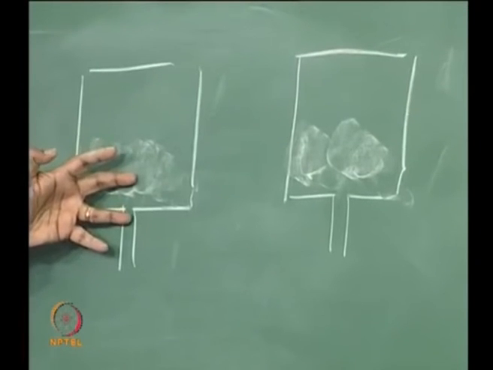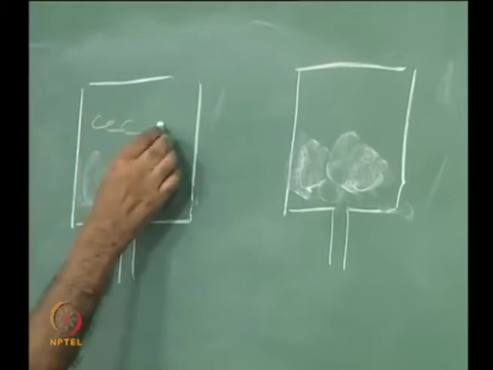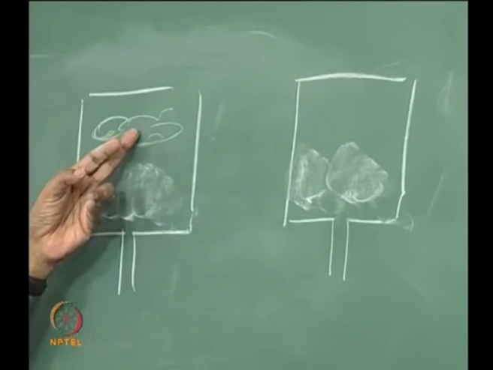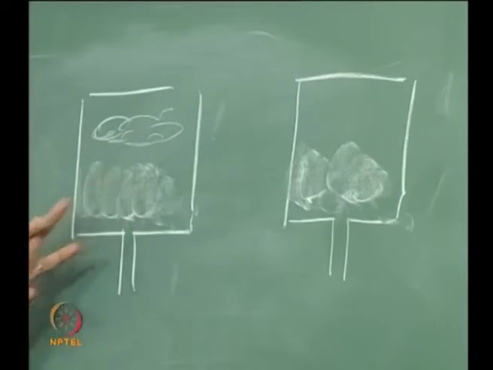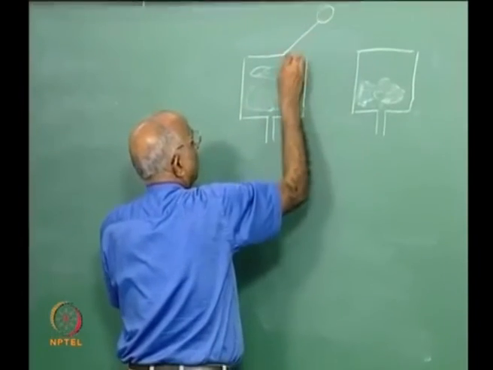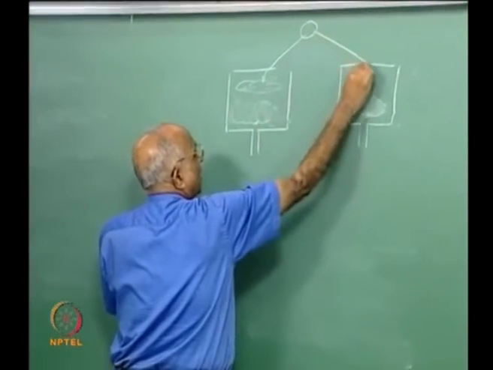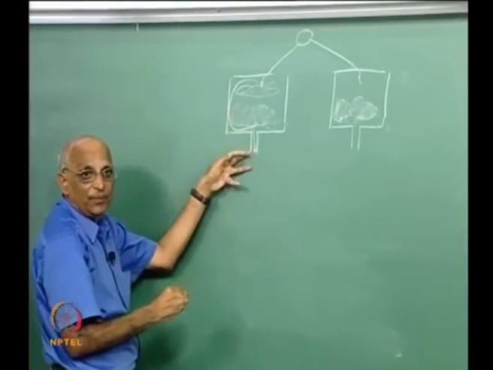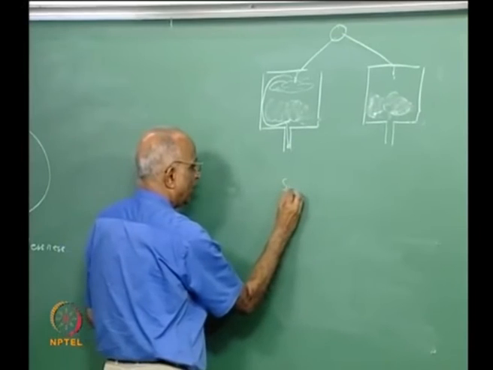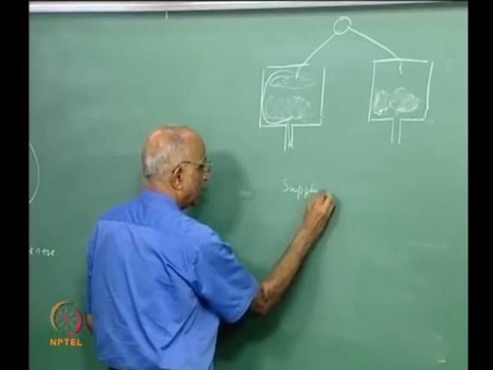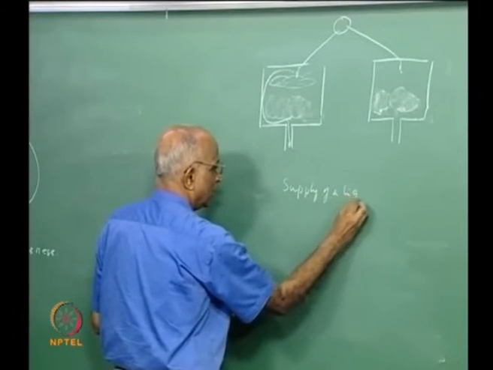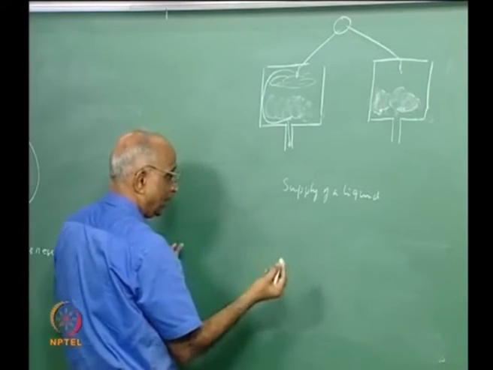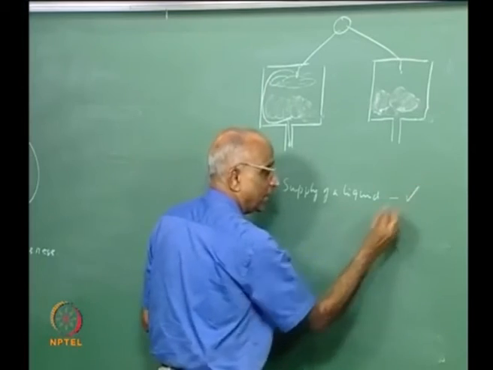It is not going to be at the bottom here, it could be anywhere here, it could be distributed anywhere. And if it is distributed anywhere, even if I put a gas over here and push the liquid through the gas, the gas will come out through this rather than the liquid. Therefore, supply of a liquid under the conditions of, let us say, weightlessness is something to be taken care of.